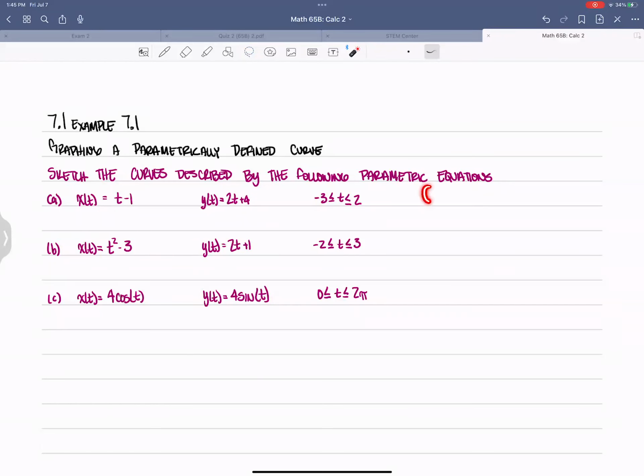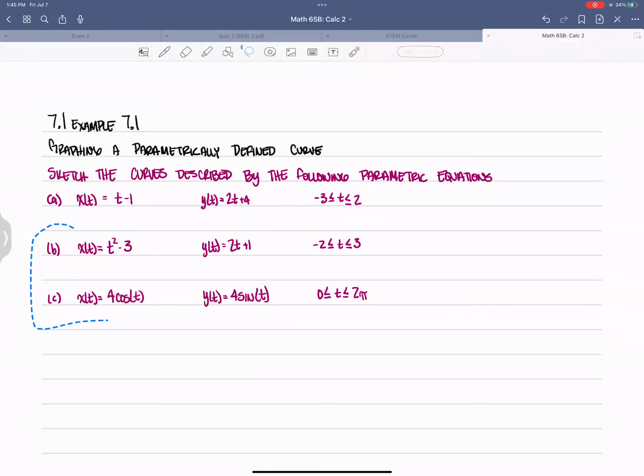So if you think of a coordinate point x, y, x is coming from x of t at that specific time, y is coming from y of t at that specific time.